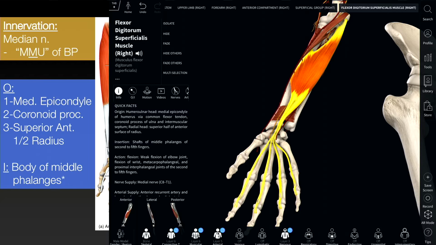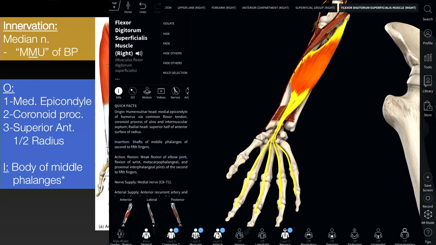I'll bring this up to show you those 3 attachment points. I think you can see them fairly nicely. We have medial epicondyle, coronoid process of the ulna, and on the other side of the forearm, the proximal anterior top half surface of the radius.